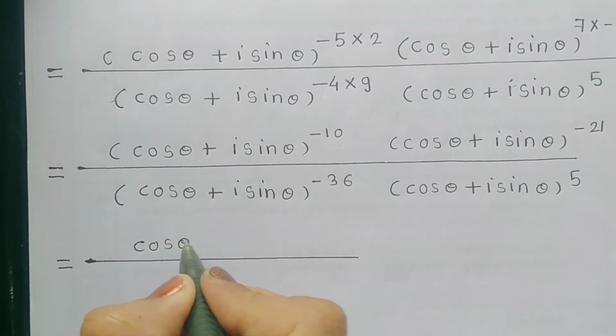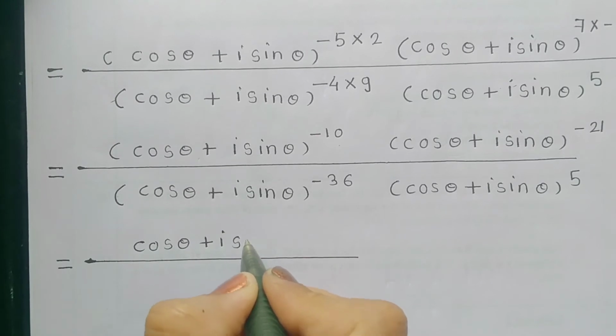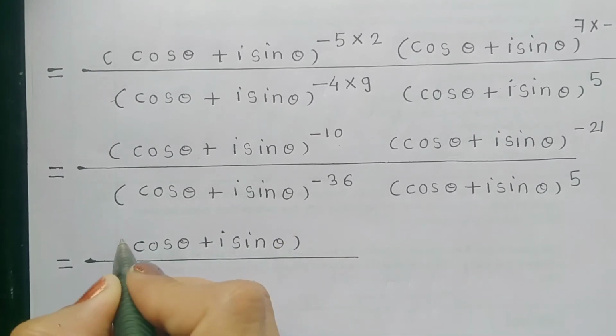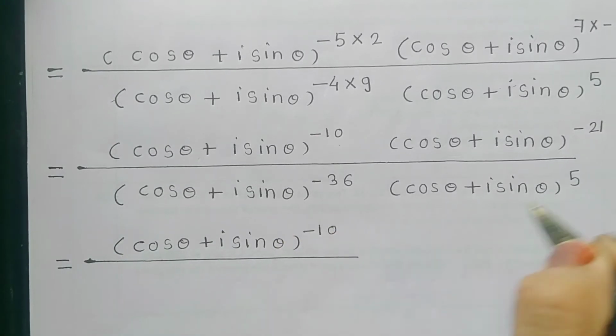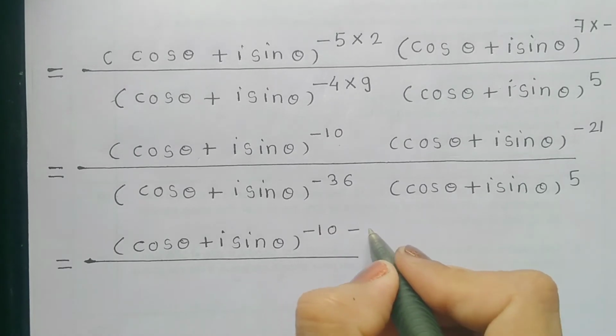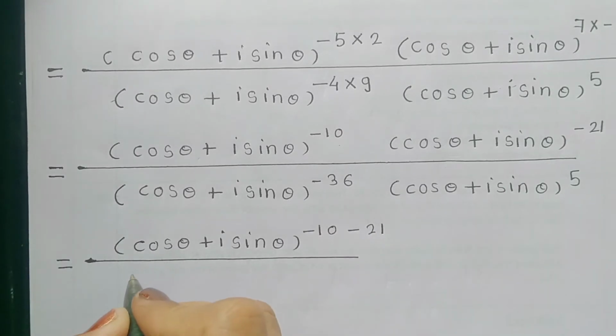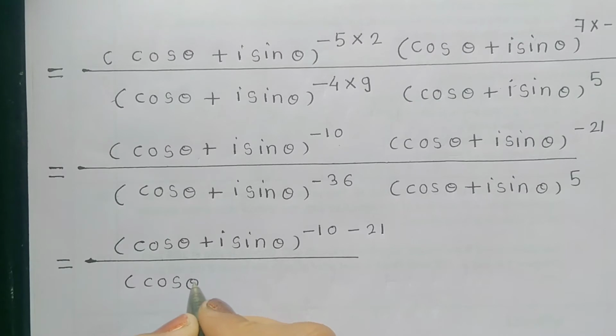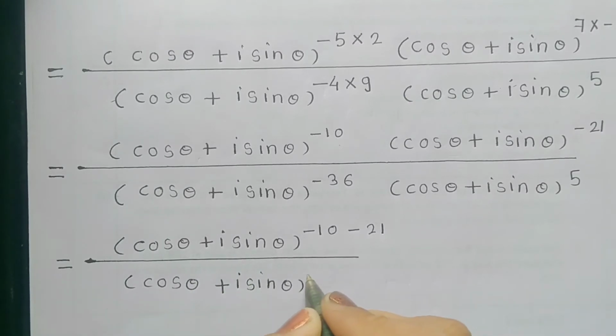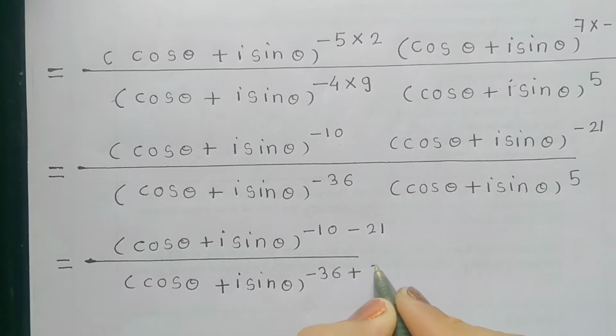Cos theta plus i sin theta raised to minus 10, and there is minus 21 here, and in the denominator cos theta plus i sin theta raised to minus 36 plus 5.